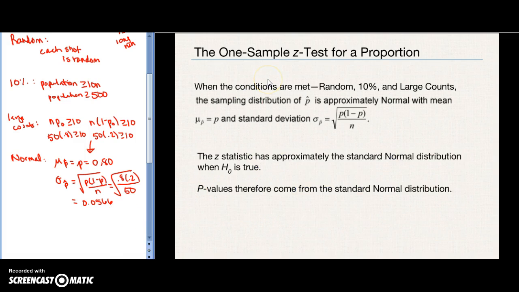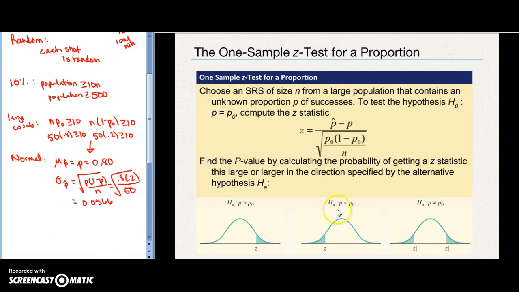Our conditions were met. The z-statistic has an approximately normal distribution, so that's why we're using the normal curve to find those p-values. The generic formula of what we were just doing, statistic minus parameter divided by the standard deviation of the statistic, looks like this.